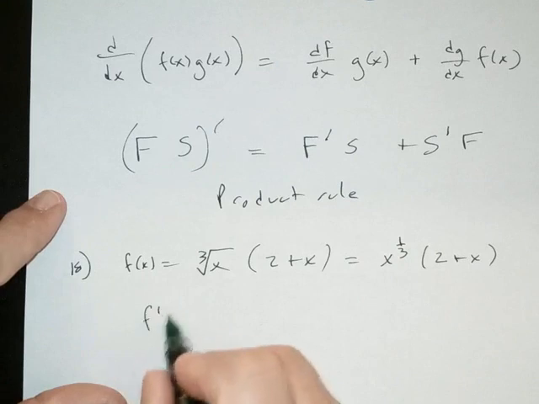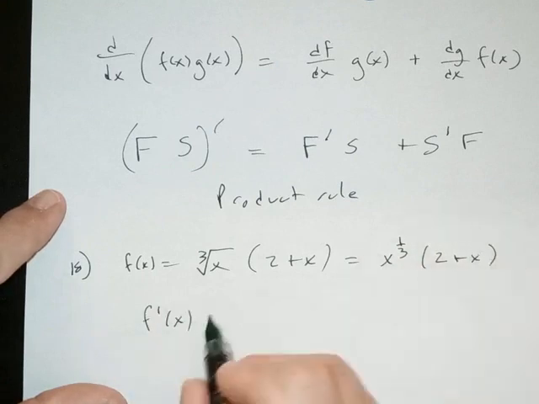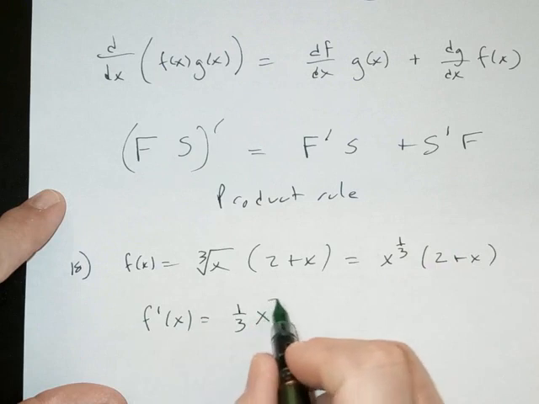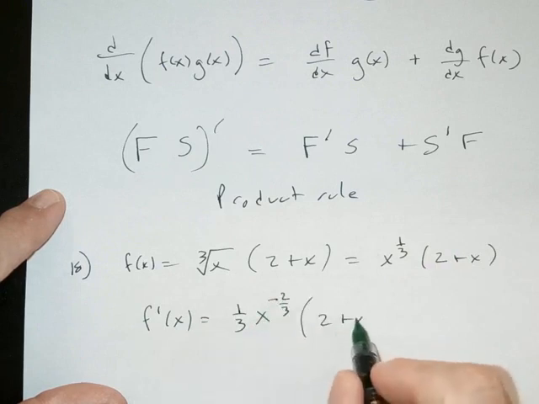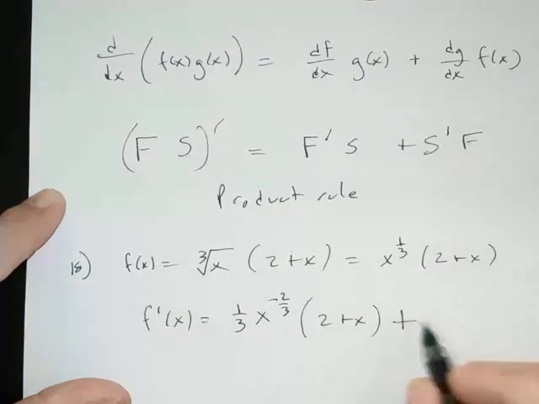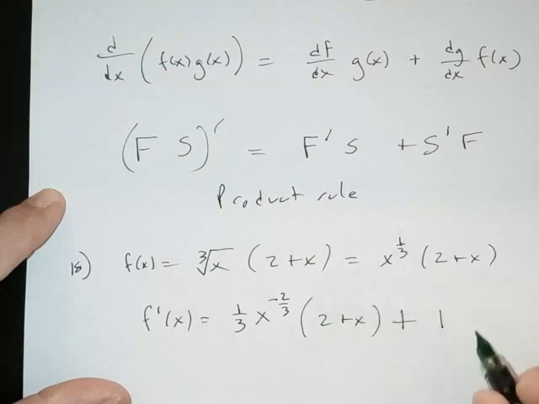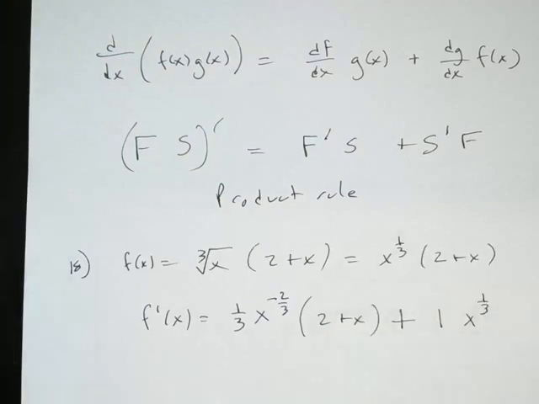Well, then the derivative of this thing is the derivative of the first part, leave the second part alone, and add the derivative of the second part, which is just a 1, leave the first part alone. With a little bit of algebraic simplification, gathering your like terms after you multiply out the two pieces over there on the left, you'll see that this gives me the exact same answer you should have gotten on the homework for problem number 18.